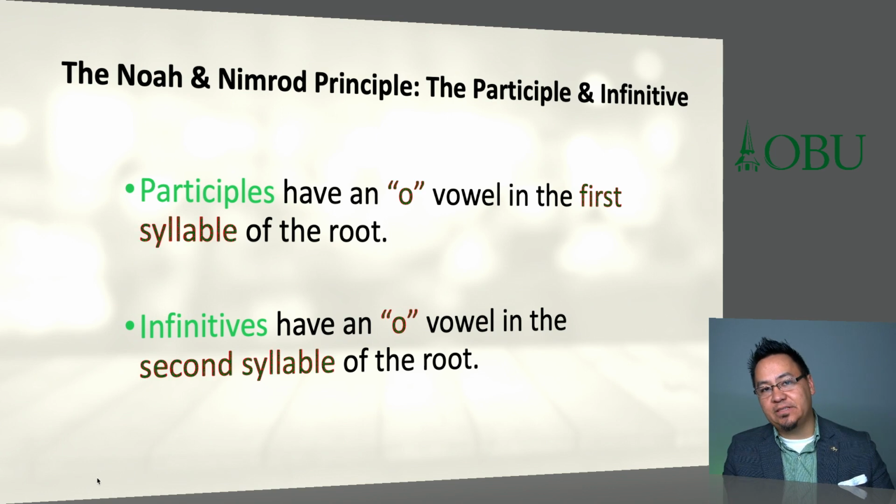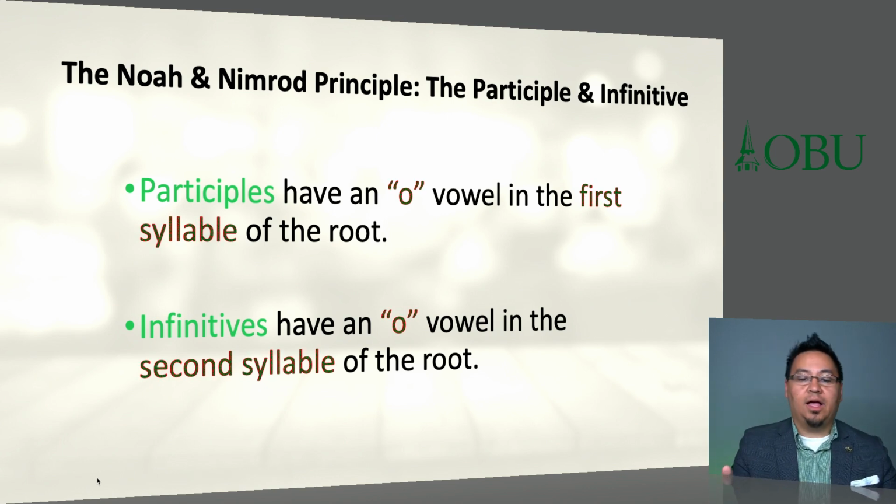Participles have an O in the first syllable of the root, hence Noah. Infinitives have an O in the second syllable of the root, hence Nimrod. So if we have O in the first, it's going to be Noah, participle. If there's O in the second, it's going to be Nimrod.